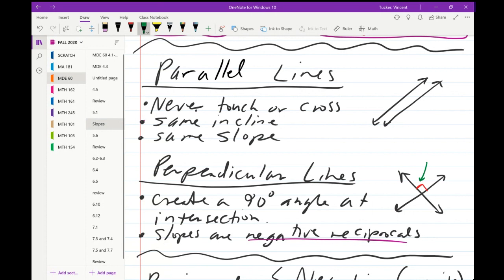So you either have to have a symbol or be told that it is 90 degrees. So as soon as everybody's copied, I will let you know what it means specifically by having negative reciprocals. So parallel lines have to have the same slope. Perpendicular lines will have to have slopes that are negative reciprocals of each other.